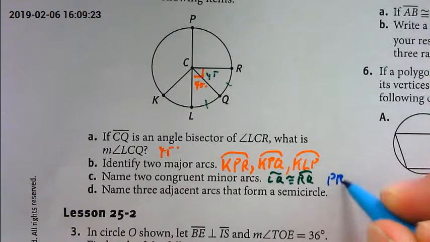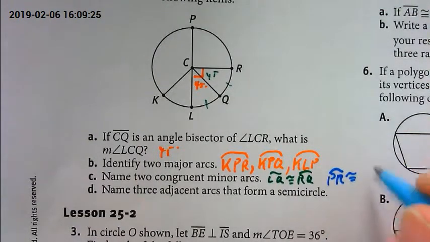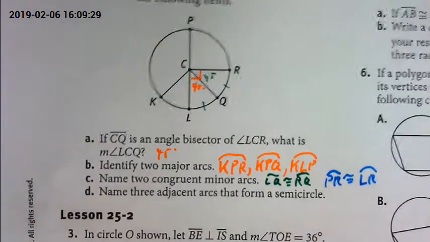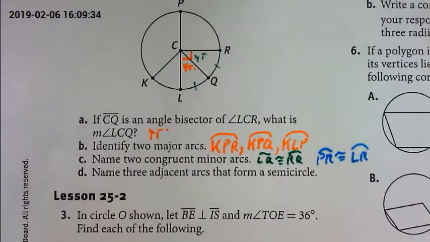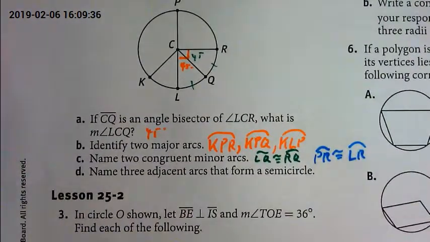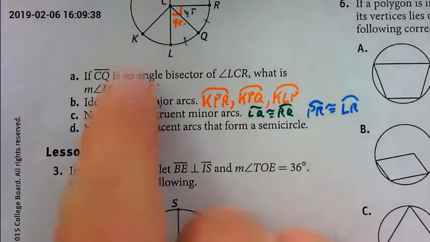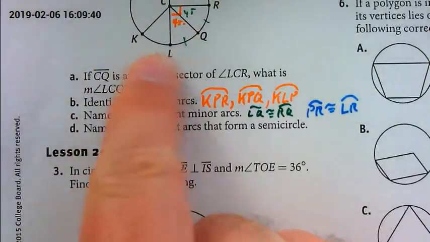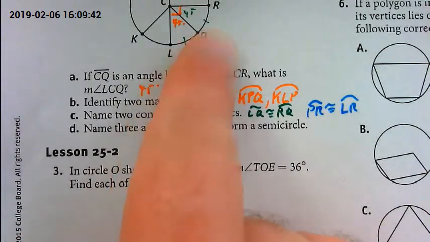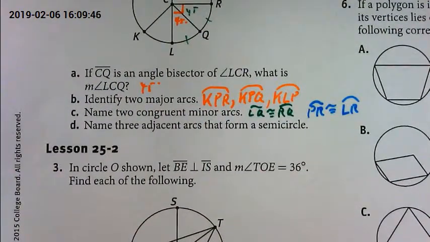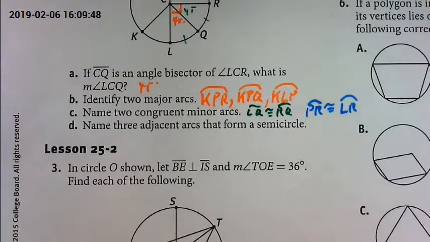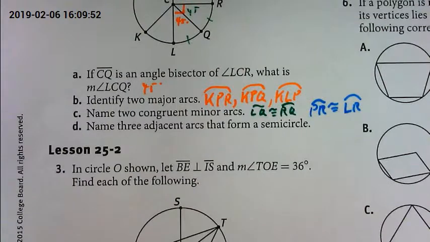So PR and LR also work. So again, there are 2 different sets that you can do there. The one that is there purposely to throw you off, though, is KL. KL, we don't have any information to say that's congruent with these 2. So don't fall for that trap. Again, you have to make sure you have the information in order to do that. You can't assume anything. All right.